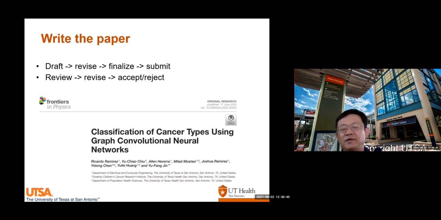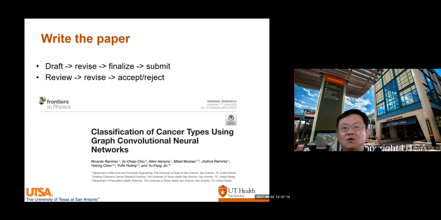Okay, in most cases, you will be asked to revise the paper and to address some of the reviewer comments. So you look at the reviewer comments, you address them, you improve your paper, you write a pretty lengthy response in most cases to really tell the reviewer how you addressed their comments, or what exactly you did in response to their comments, right? And you resubmit your revised paper to the journal, and you wait for the decision again.